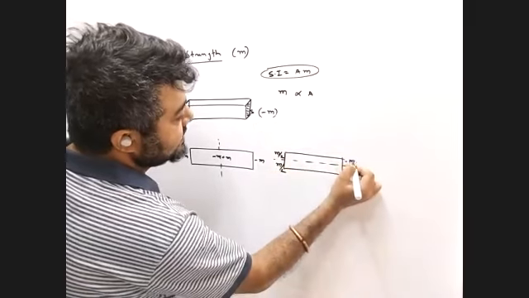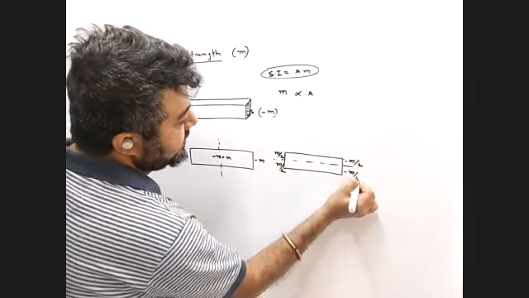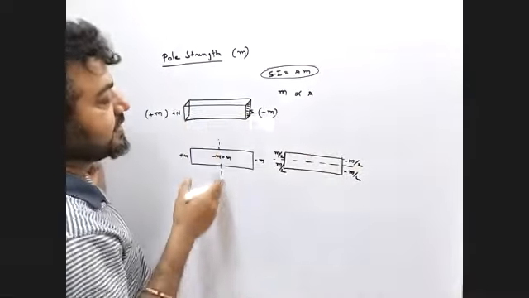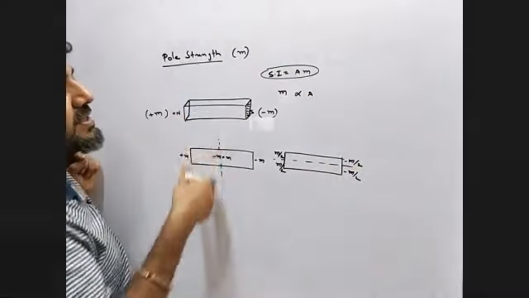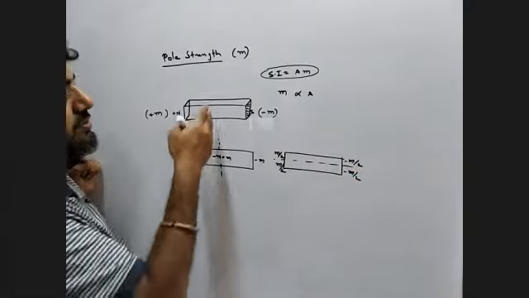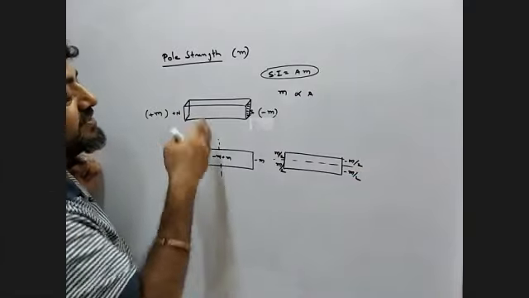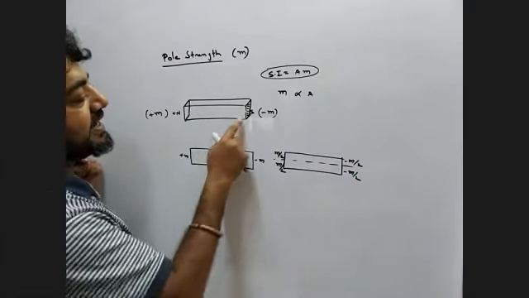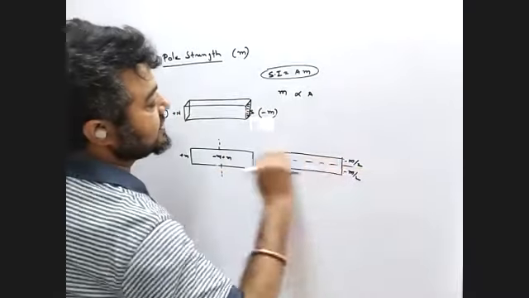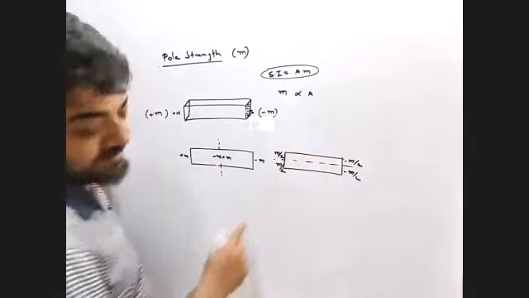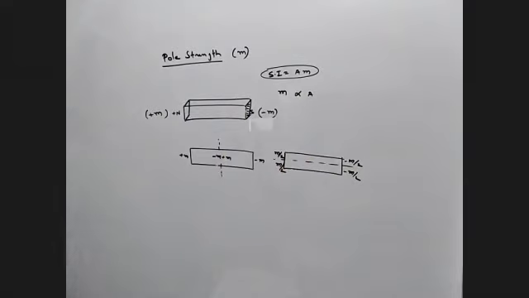I think all of you understand why. Because when we section it vertically, its cross-sectional area remains the same, but if we section it horizontally, its cross-sectional area becomes half. Is it clear, everyone?